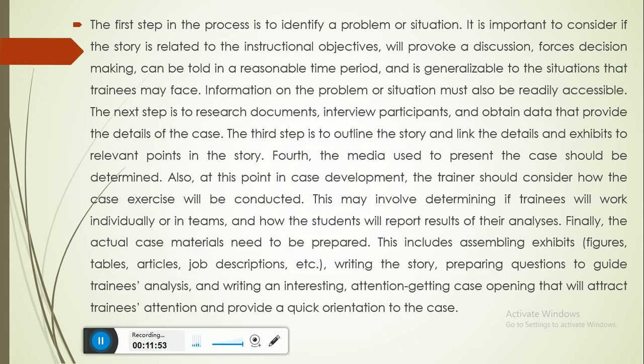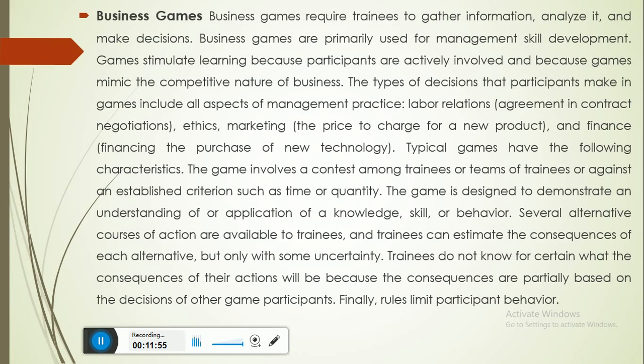So the next one we are having is business games. Business games are normally for top level management. Sometimes companies use them; participants are required to analyze information and take decisions. It is mainly used for management skill development.